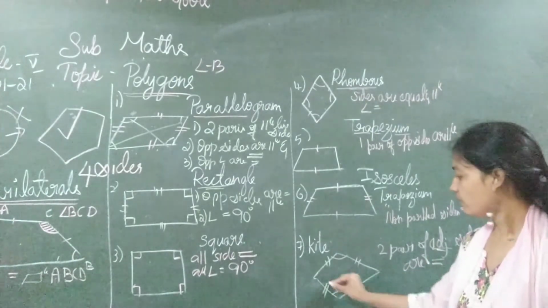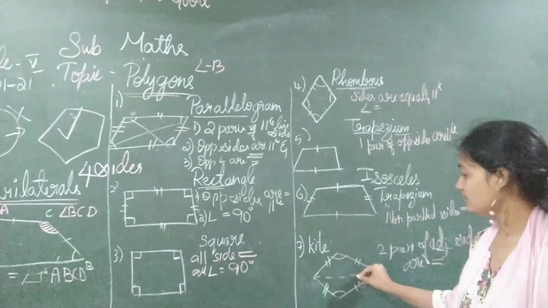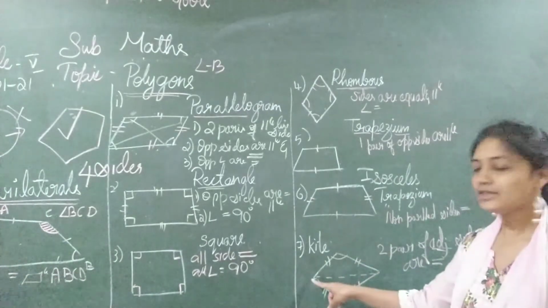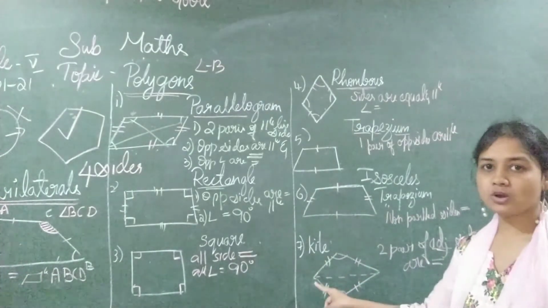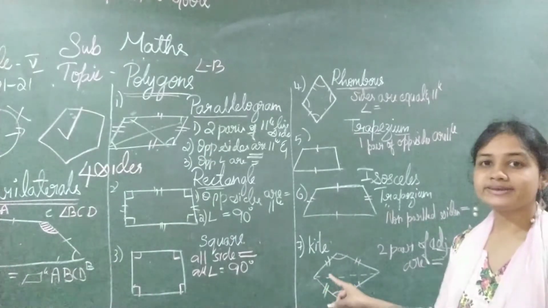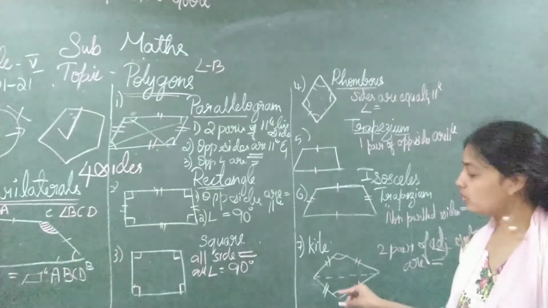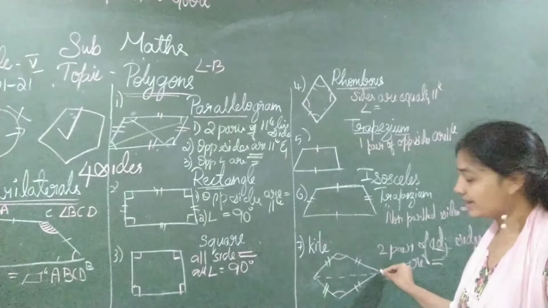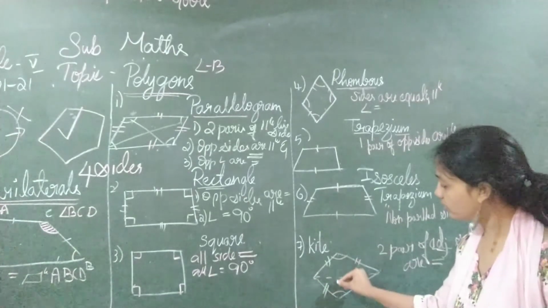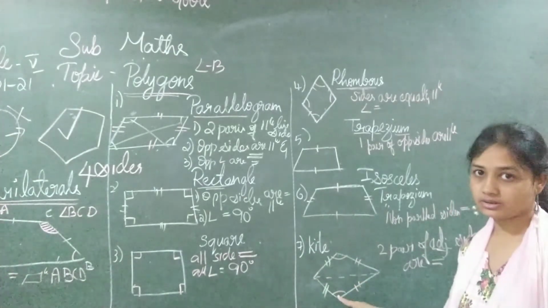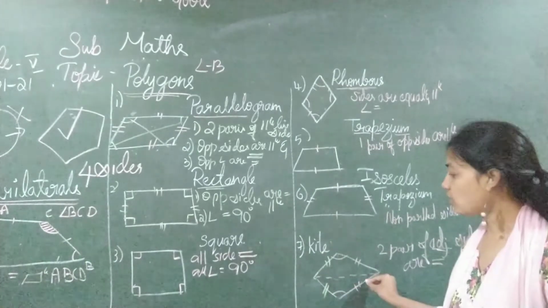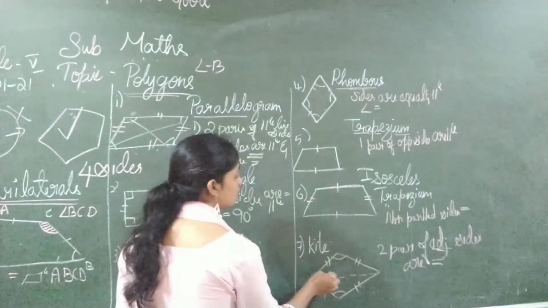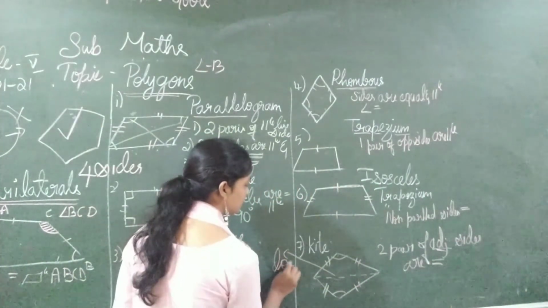So let me draw one small line here in between. What is the line joining two opposite corners called? It is called a diagonal. So this is the long diagonal here. If I draw one more diagonal, this will be the short diagonal.